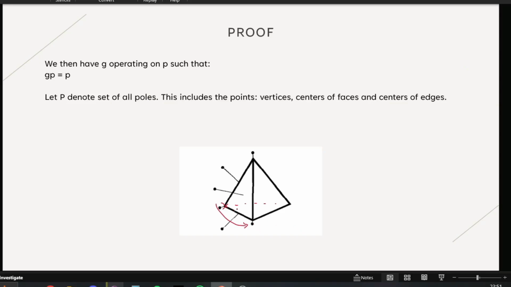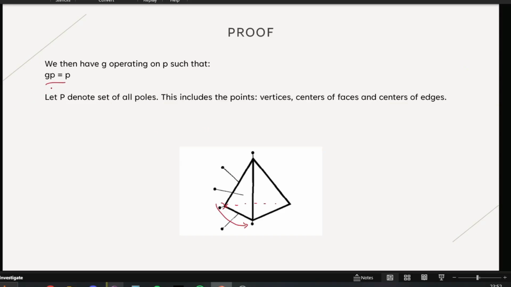It will not stay somewhere in between, because then it will not preserve the shape of the tetrahedron. Whenever we have such an orientation preserving rotation, it will always go from one pole to another pole. That is what this line means to say.